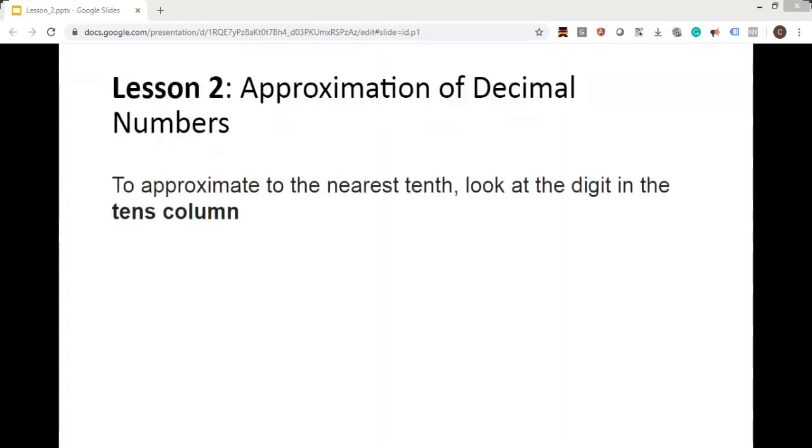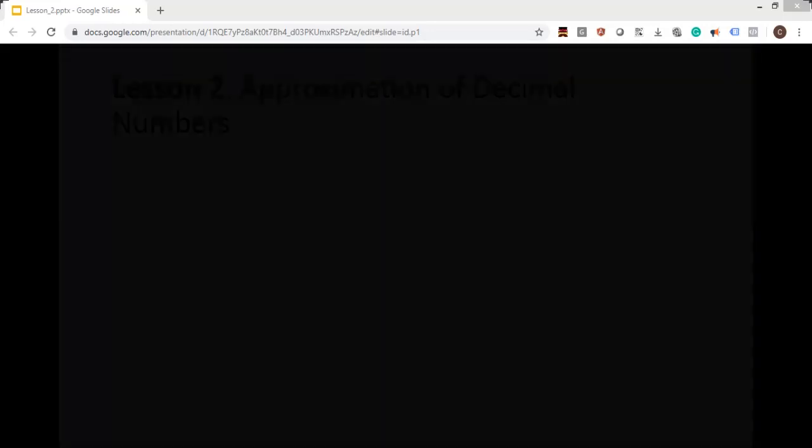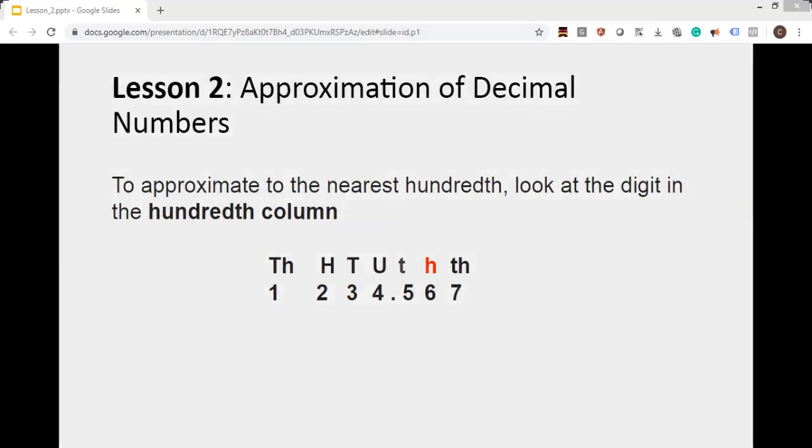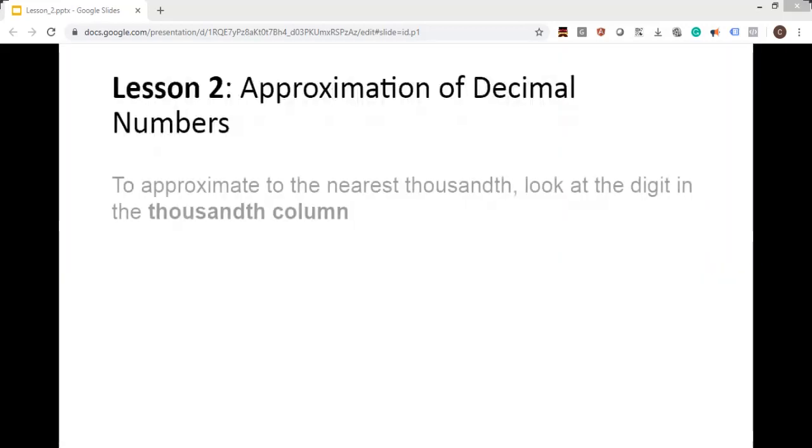To approximate to the nearest 10, look at the digit in the 10th column. To approximate to the nearest 100, look at the digit in the 100th column. To approximate to the nearest 1000, look at the digit in the 1000th column.